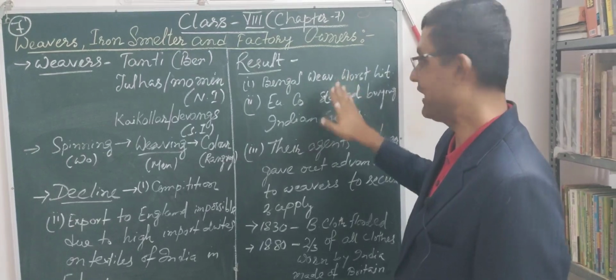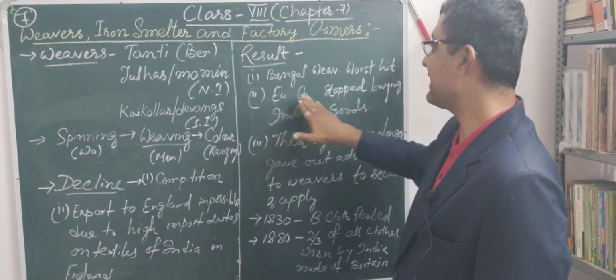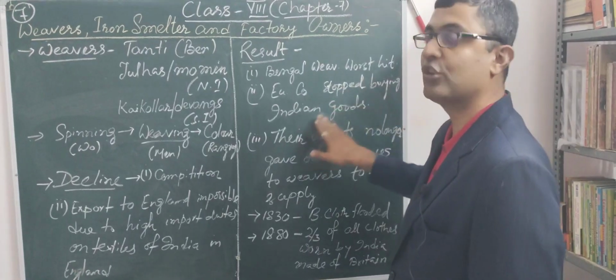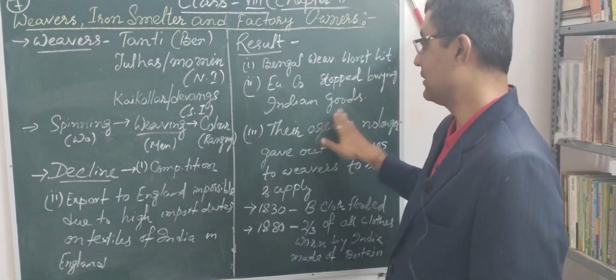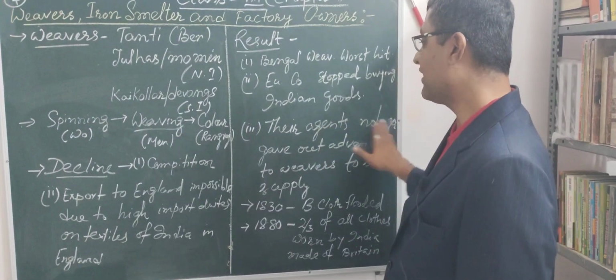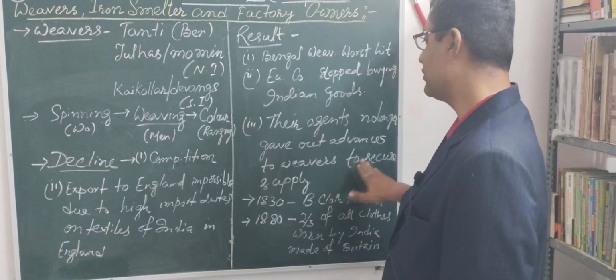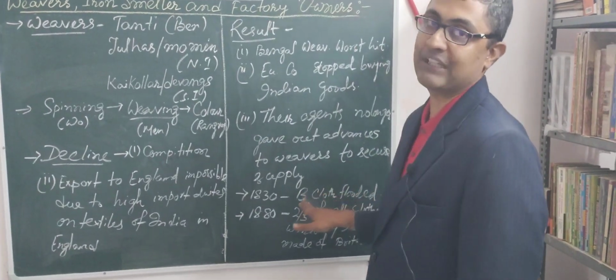Second, European companies stopped buying Indian goods. Third, their agents no longer gave out the advance to the weavers to secure the supply.